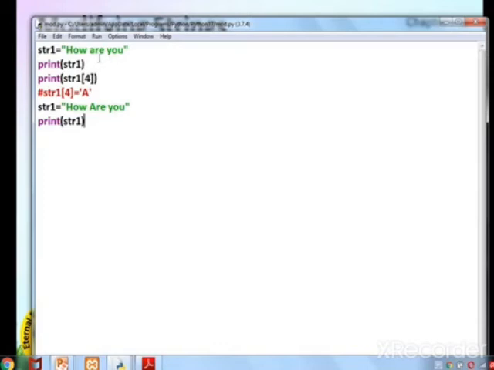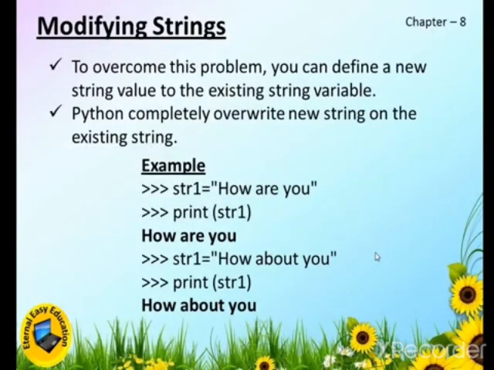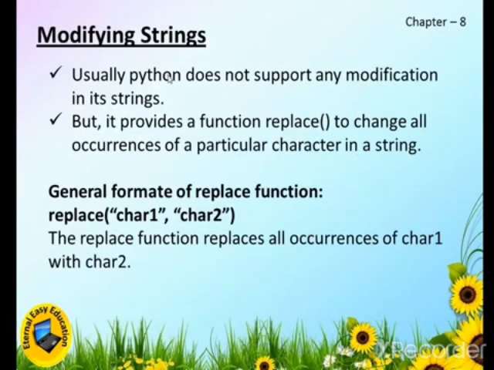First of all, the concept you are learning in this example is that a string cannot be modified. That is the point here. Usually Python does not support any modification in its strings, but it provides a function replace to change all occurrences of a particular character in a string.